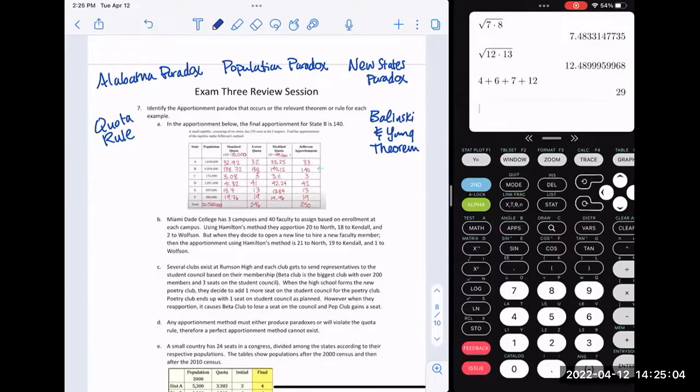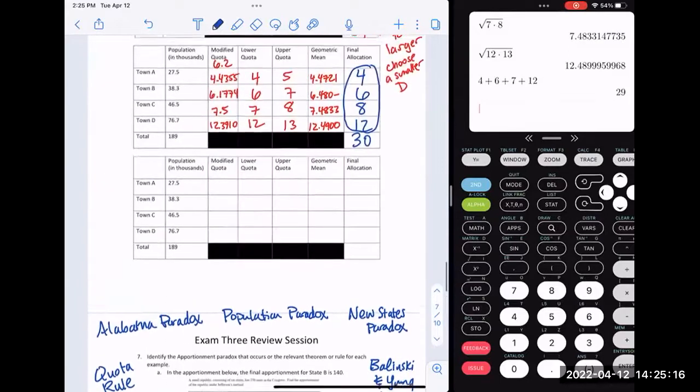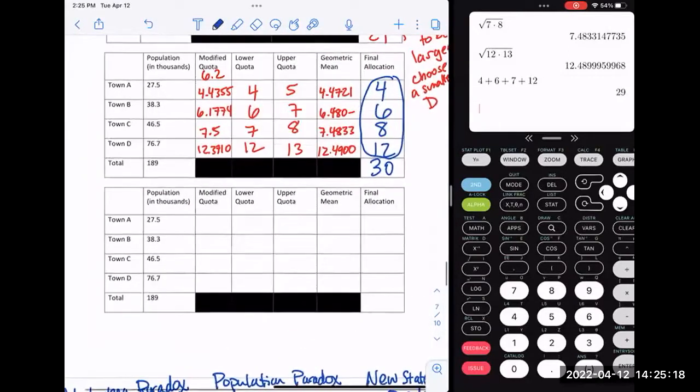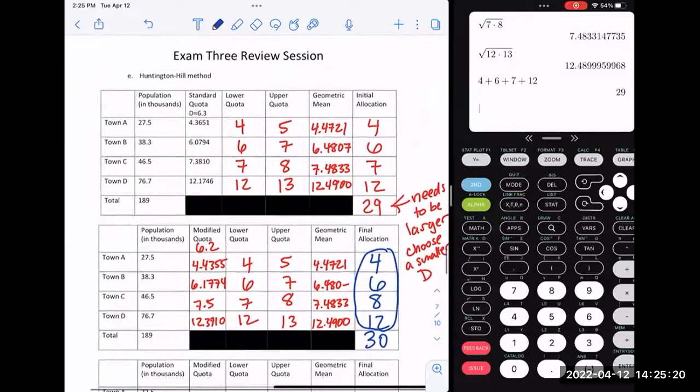The quota rule basically says that your states or your districts should each be assigned either their lower or their upper quota. Hopefully that makes sense. If we look at the previous example, town A's standard quota was 4.3651.